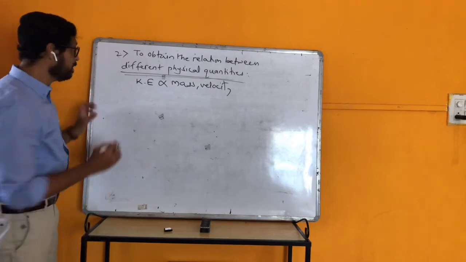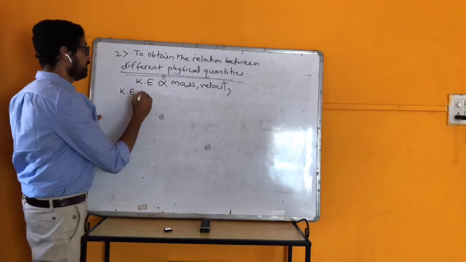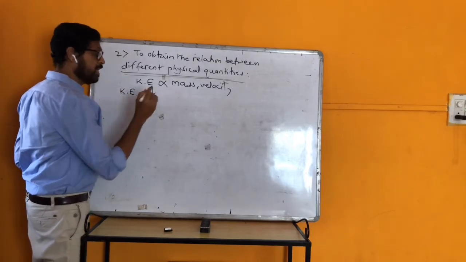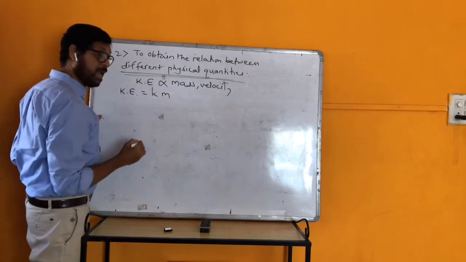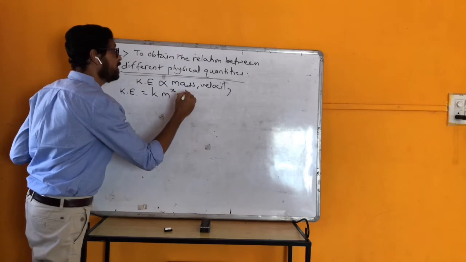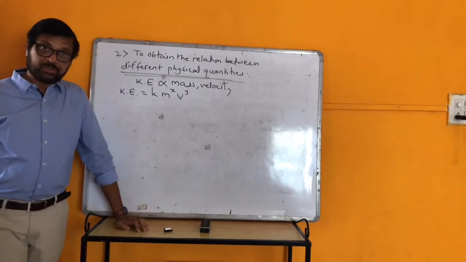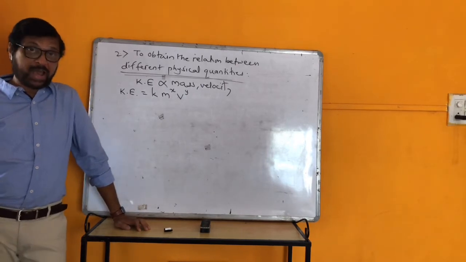Where will you begin? Kinetic energy is equal to K, constant of proportionality, mass m raised to x, velocity v raised to y. So kinetic energy is equal to K m raised to x, v raised to y.